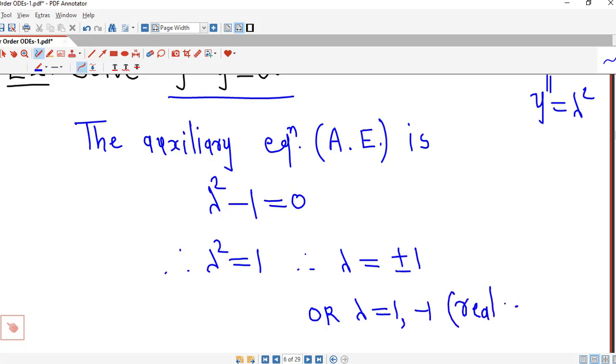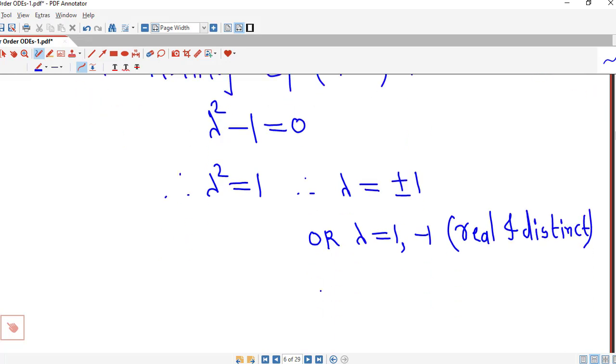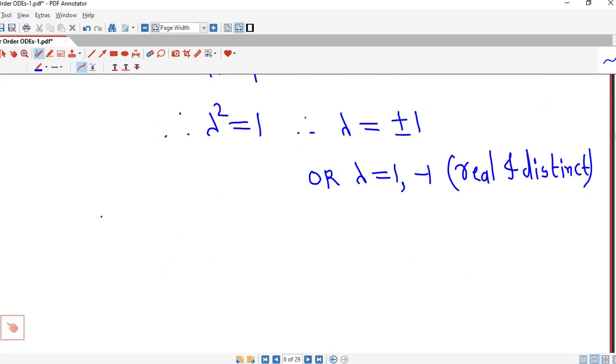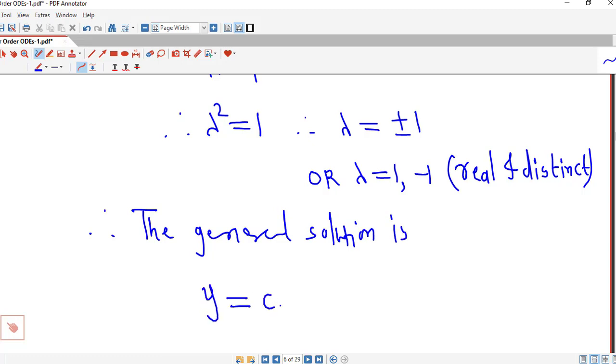So here roots are real and distinct, so we can consider lambda 1 equal to 1 and lambda 2 equal to minus 1. So in this case the general solution is y equal to c1 e raised to lambda 1x.